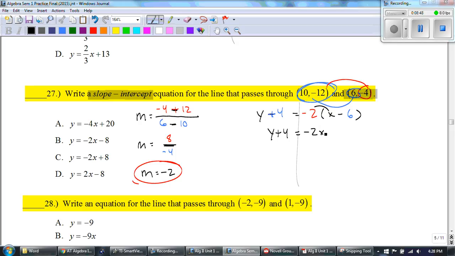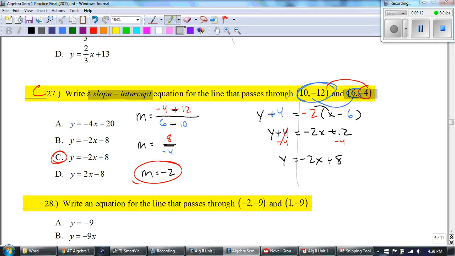We distribute, turns into a +12. We subtract the 4 to both sides. So we get y equals -2x plus 8. Okay, and that is option C.